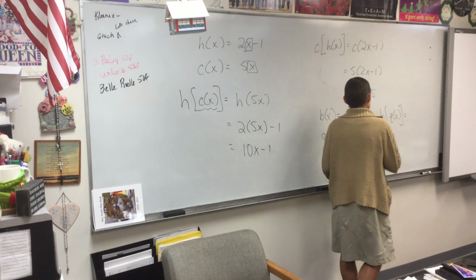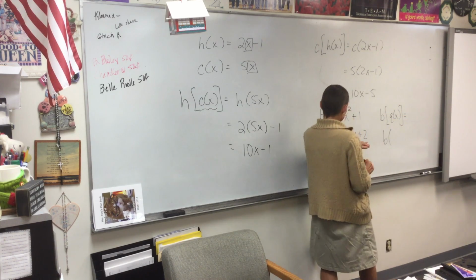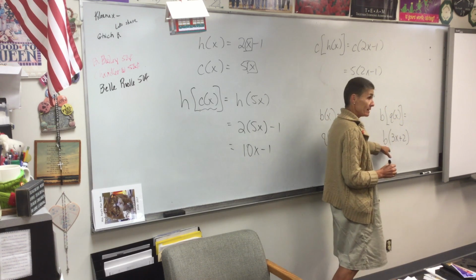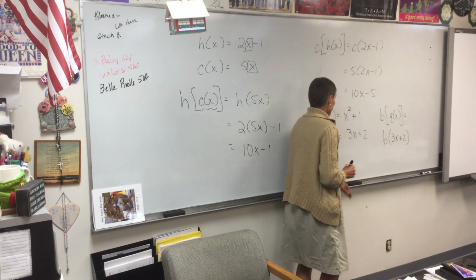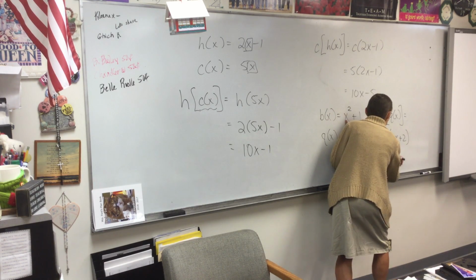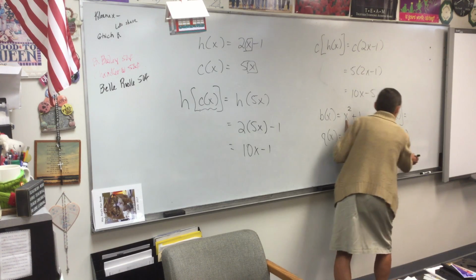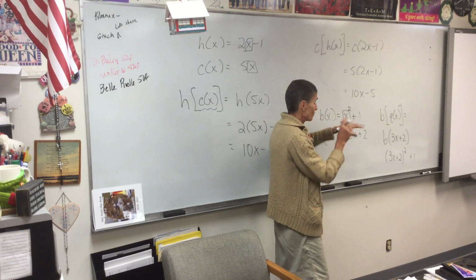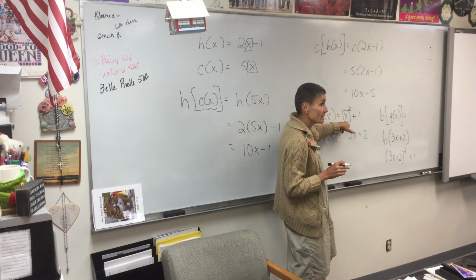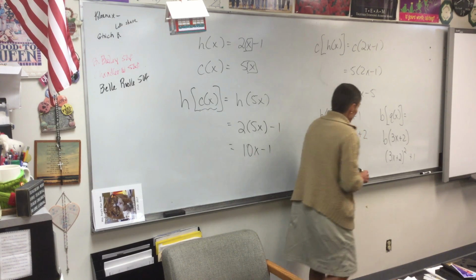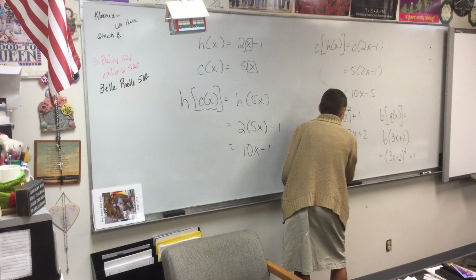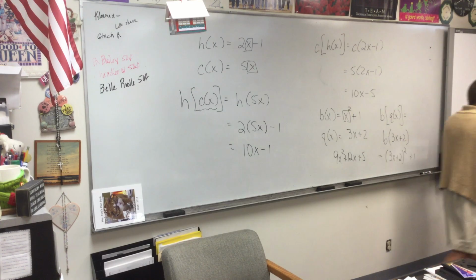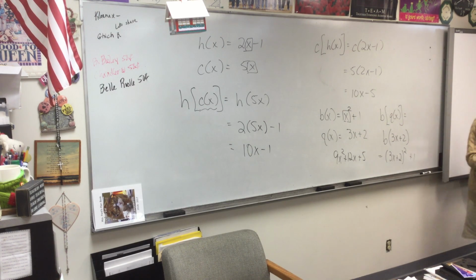Did you start by saying, okay, q of x is 3x plus 2? So I'm finding b of 3x plus 2, which means 3x plus 2 squared plus 1, because in the b function, whatever you plug in gets squared and then added to 1. So did you end up with 9x squared plus 12x plus 5? Is that what you ended up with?